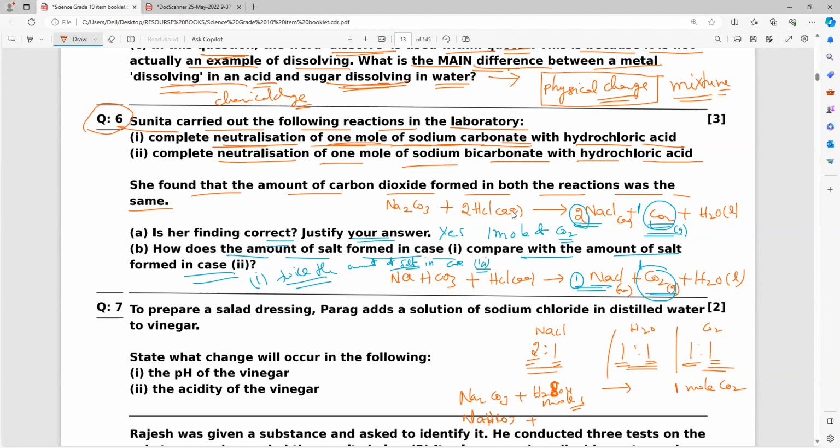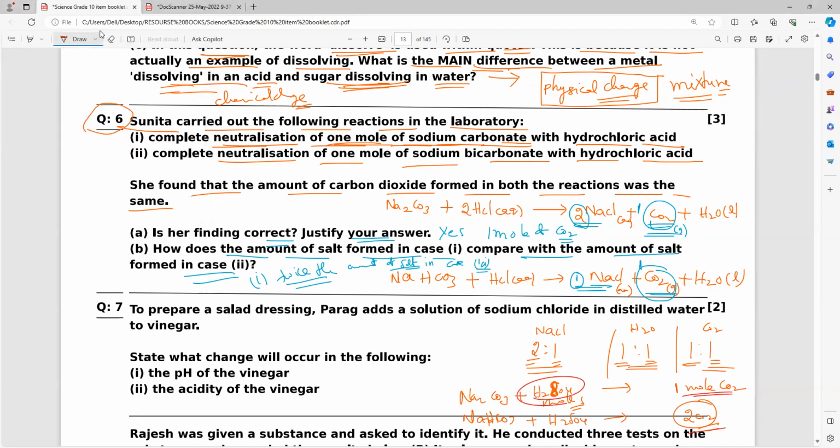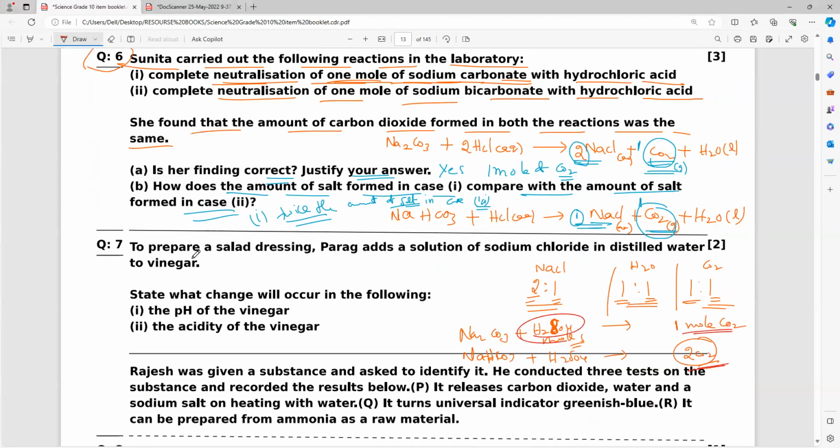Sodium hydrogen carbonate NaHCO3 reacting with sulfuric acid gives 2 moles of CO2, the reverse. With HCl it is 2 is to 1, with sulfuric acid 1 is to 2. Please note it. After balancing you will get it. I think I have taught both equations, I'm expecting everybody to know that. Am I right, everybody? Verify it.